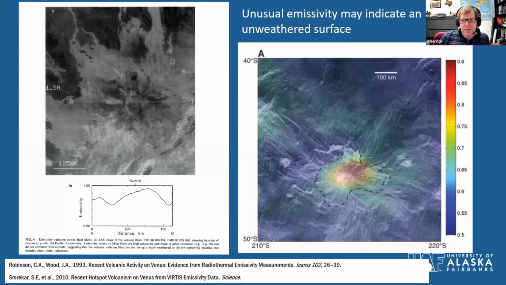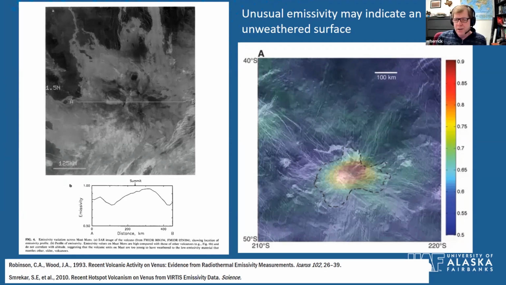So finally, I want to mention that in any of these world views of how volcanism interacts with the interior and the atmosphere to create a history for the planet, an important boundary condition is understanding what the current and recent levels of volcanic activity are on the planet.